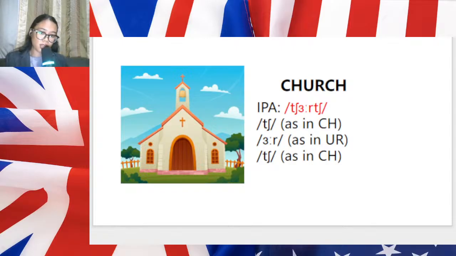The word is church. Its pronunciation in IPA is the one highlighted in red. Remember those forward slashes? We try to include them because forward slashes mean we are looking at the sounds, not the spelling.